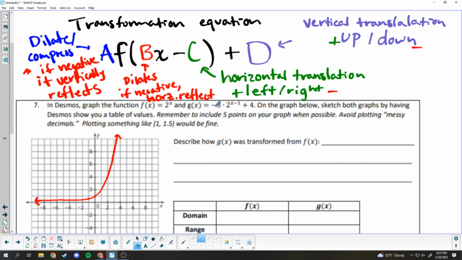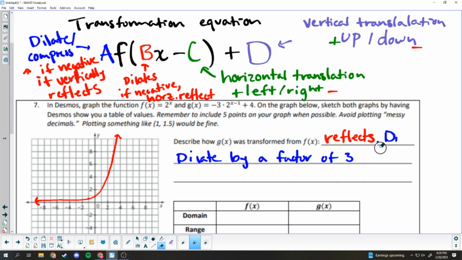My transformed one, well, it went like this. There was a negative sign out in front, which means it reflects. There was a 3 in front, which means it's going to dilate by a factor of 3, meaning every point is 3 times what it was before.